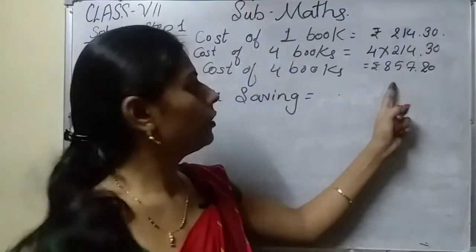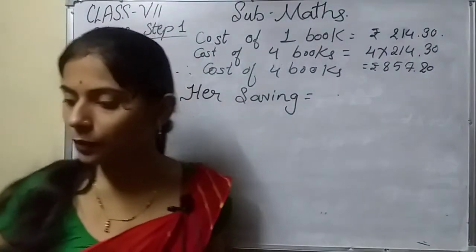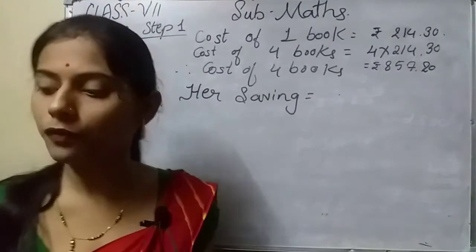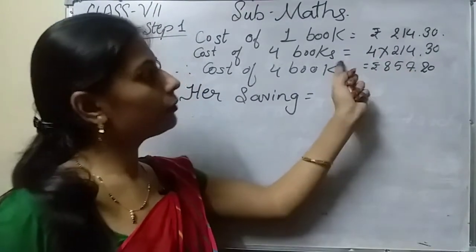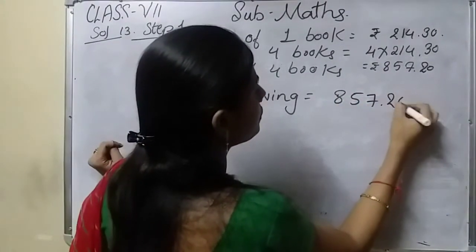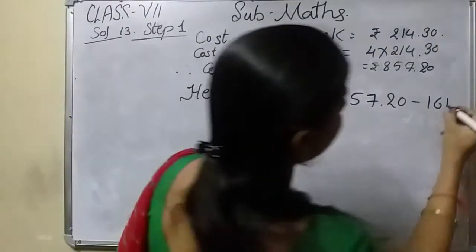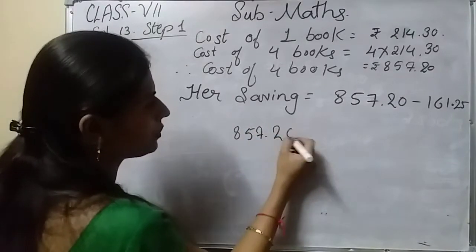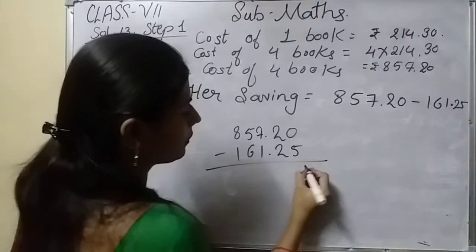We have to subtract 857.20 by 161.25 because she has added this money to buy these books. 857.20 minus 161.25.